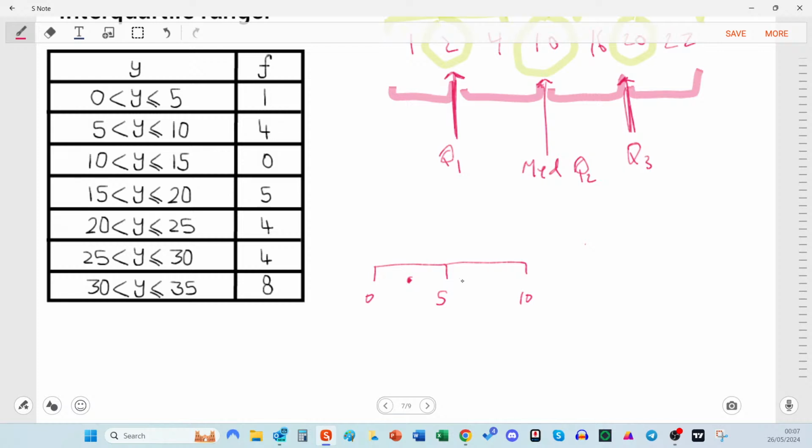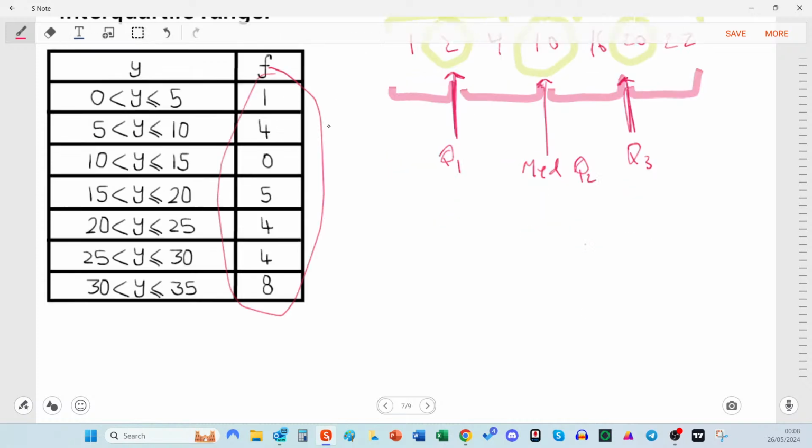We're going to assume that they're standing evenly spaced in that garden. There's no one in the 10 to 15 garden. The 15 to 20 garden, we have another 5. So 1, 2, 3, 4, 5. You get the idea. So they're all standing evenly in each section. That's one assumption we have to make.